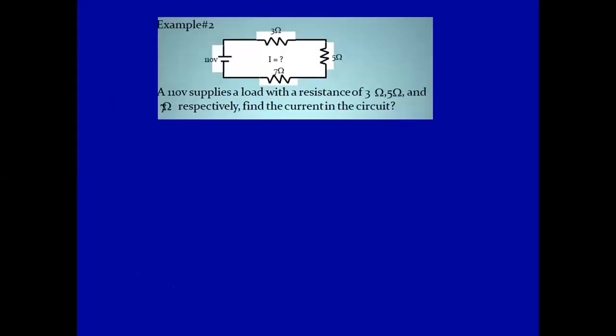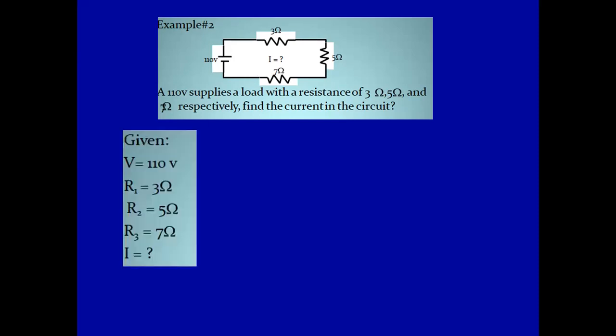Okay. So we have your second example here. A 110-volt supply supplies a load with resistances of 3 ohms, 5 ohms, and 7 ohms respectively. Find the current in the circuit. Okay, as you can see in the diagram, your 3 resistors are connected in series. Okay, and then there is a battery supplying the whole circuit. So how are we going to determine now the current?